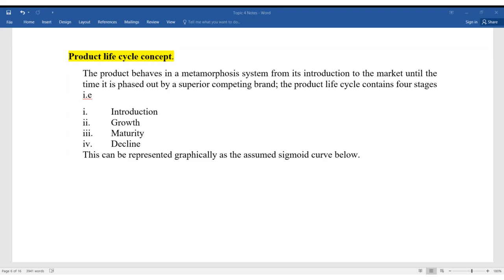For example, at introduction, we normally see a slow growth in product sales. Let me just scroll to see the curve. So I believe you are seeing the curve.